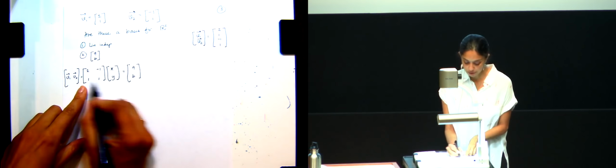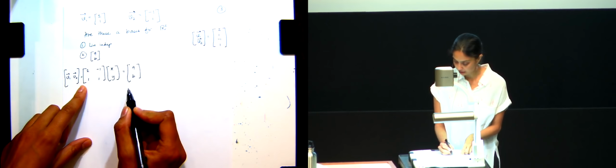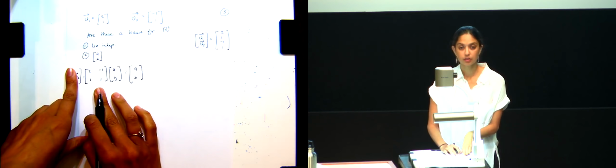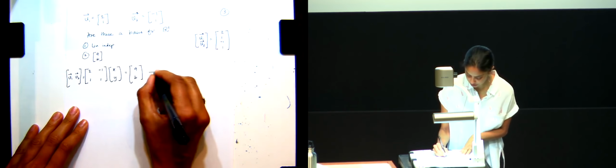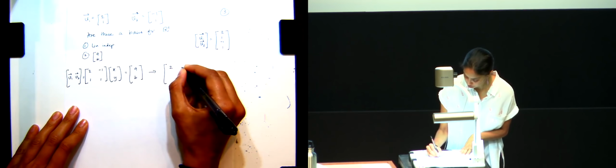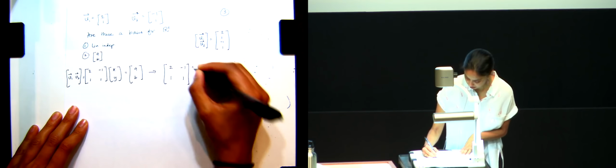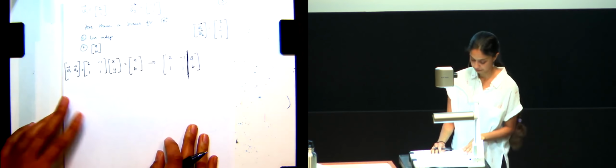Okay, so now if I did Gaussian elimination on this system, what would I get? So basically I have 2, -1, 1, 1 with a solid line, not a bracket, then a, b.